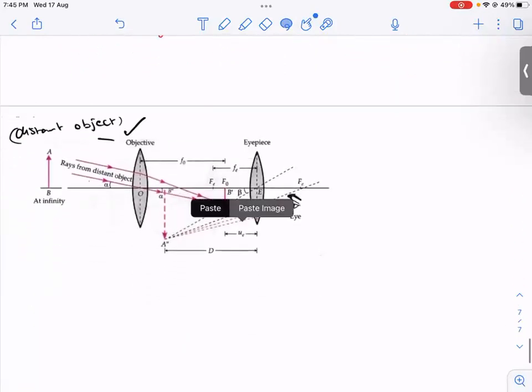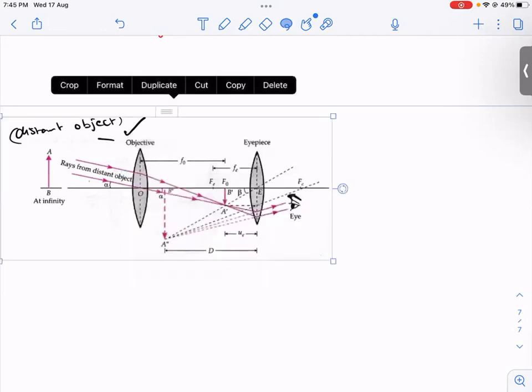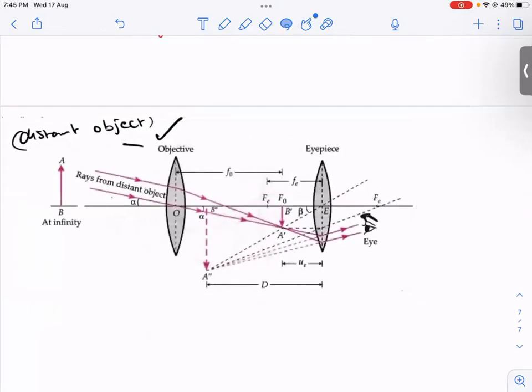So if you observe this, magnification produced due to the eyepiece is h_i dash divided by h_i.